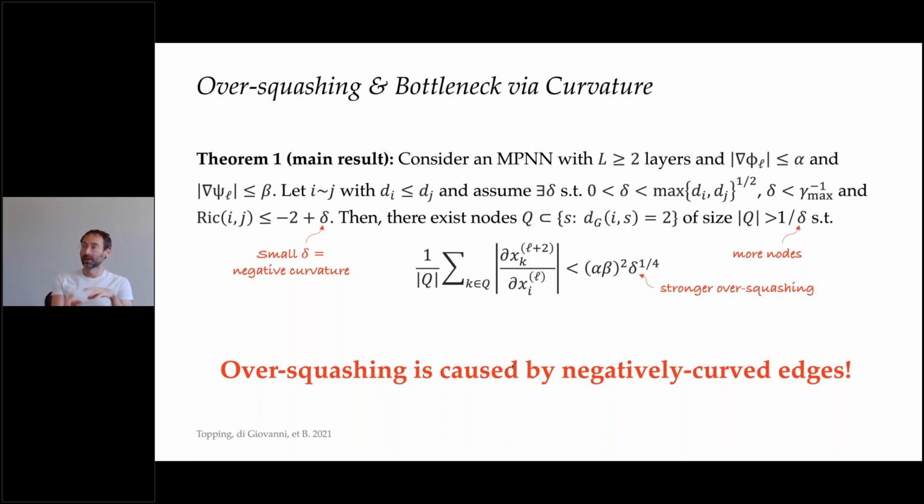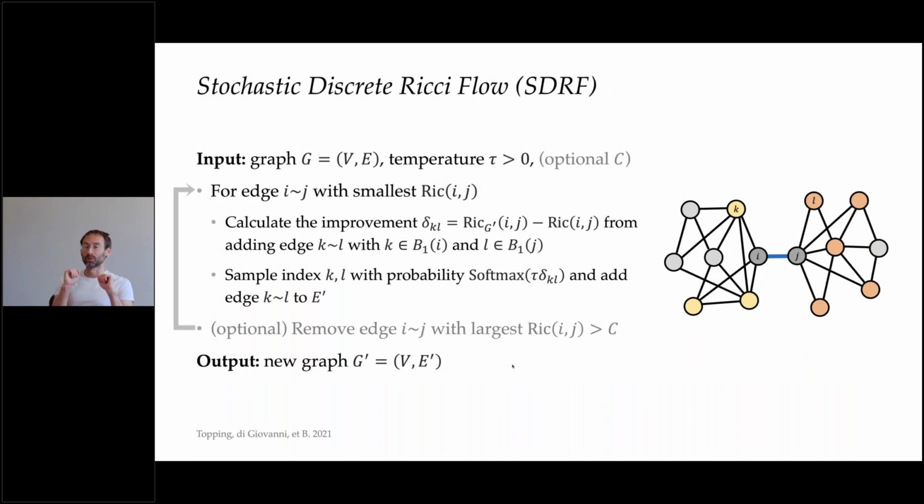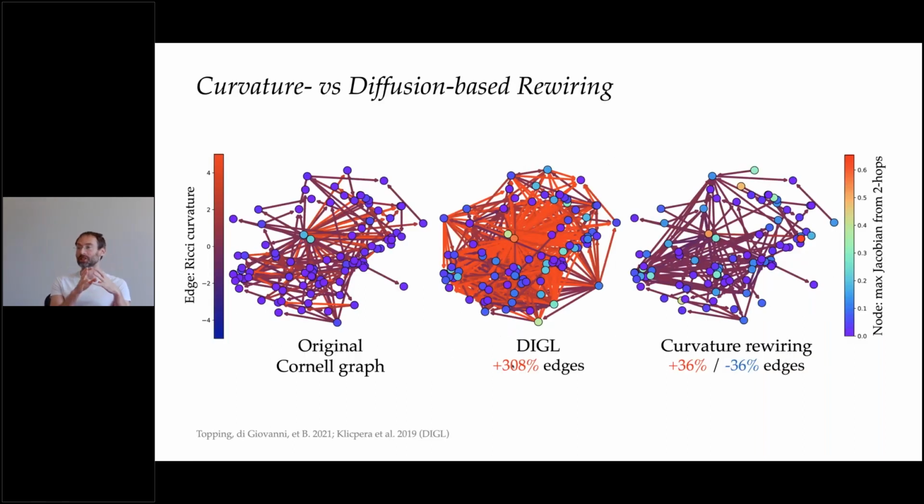And once we know it, we can cure the graph. We can do some form of rewiring that resembles the Ricci flow, where we cut out the negatively curved edges and maybe replace them with edges with larger curvature. And this allows us to do the kind of surgical graph rewiring that doesn't change dramatically the structure of the graph, but makes the graph significantly friendlier for message passing and as a result for learning.